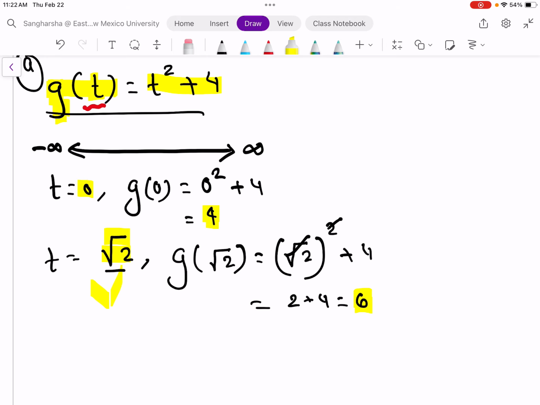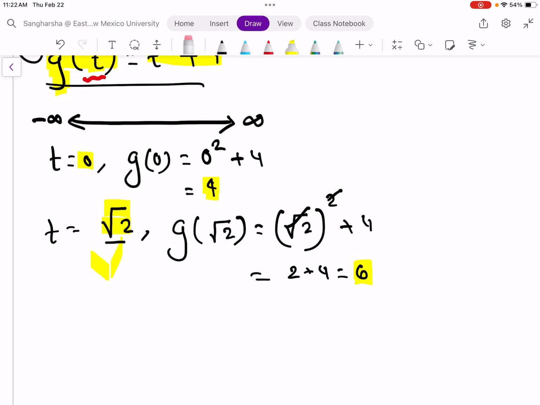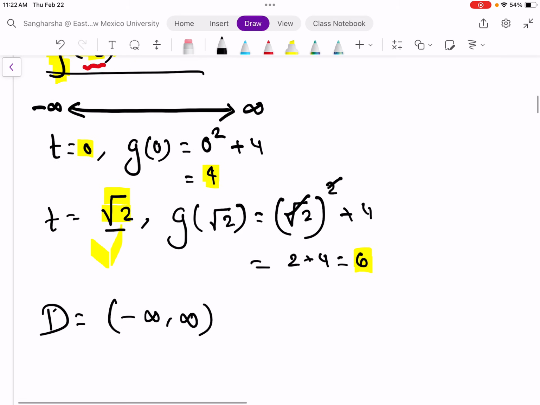So your domain is every real number, that is from negative infinity to positive infinity. You are not required to show all these. If you have the function and you know this is the domain, then you can just write it directly as your final answer.